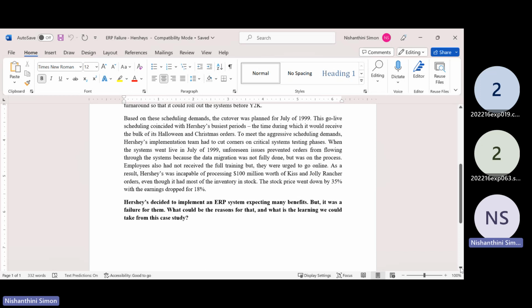Yeah, so the data migration also they had issues. They were not able to fully migrate. So the data migration and the testing, they were lacking on that. Why? What is the reason for that?